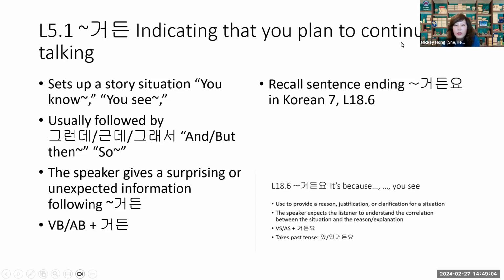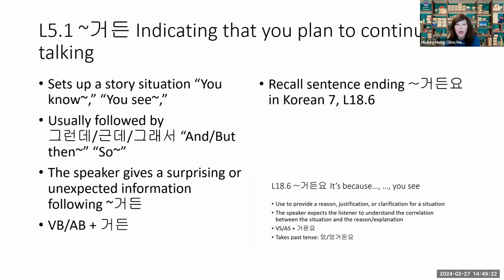Just circling back to the sentence ending of this in Korean 7, lesson 18.6, 거든요. So this is to provide a reason, justification, or clarification for a situation as a statement.